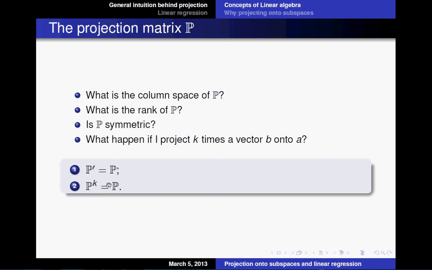We project a vector onto a plane, and then if we want to project again the vector we obtained, the result will be the same. So intuitively, a requirement of the projection matrix must be that its square must be itself.